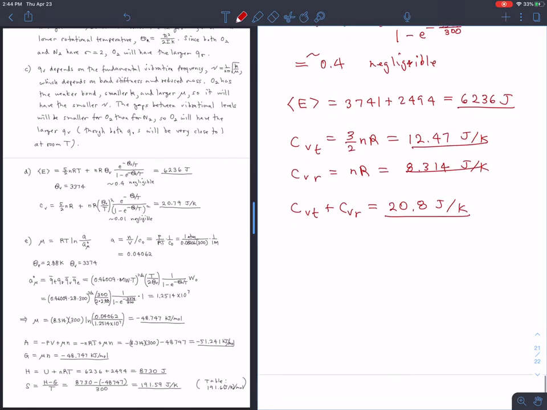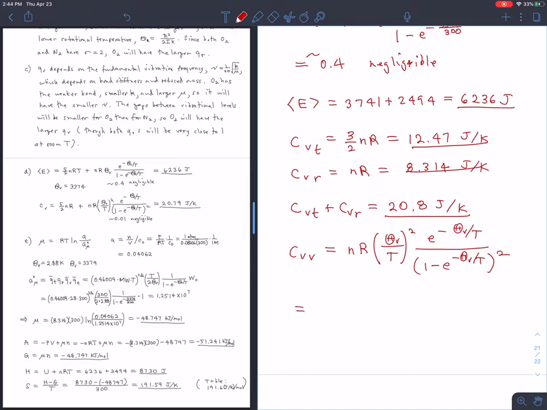So that's the first two contributions. We expect the vibrational CV to be small. That's going to be N times R times theta vibrational over T squared times e to the minus theta V over T, over 1 minus e to the minus theta V over T, quantity squared.